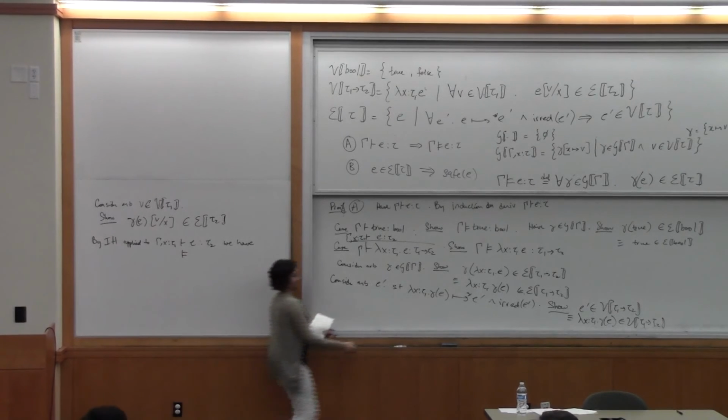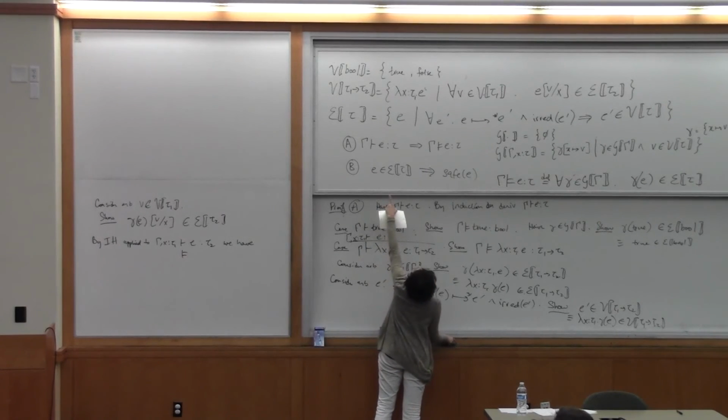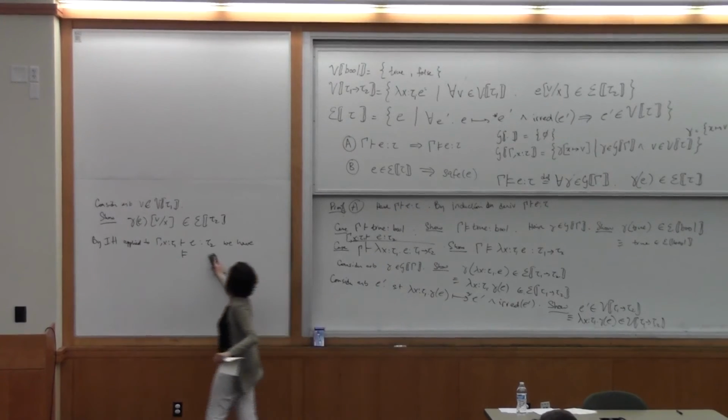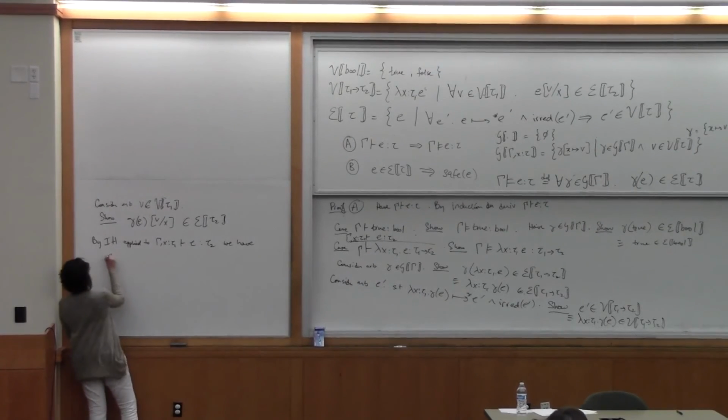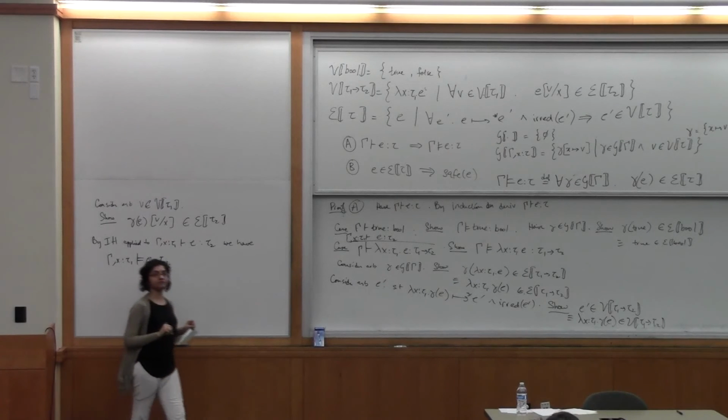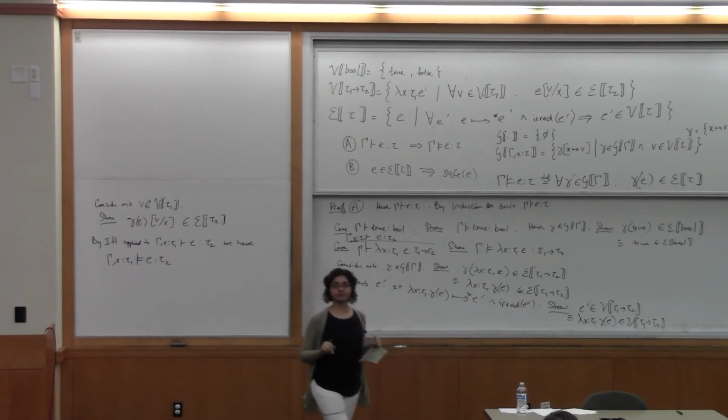Yes? Because our induction hypothesis tells us that if you have an E of some type, then that E is in the logical relation of that type. So what we have then is, we have this fact. Now let's see how to use it.